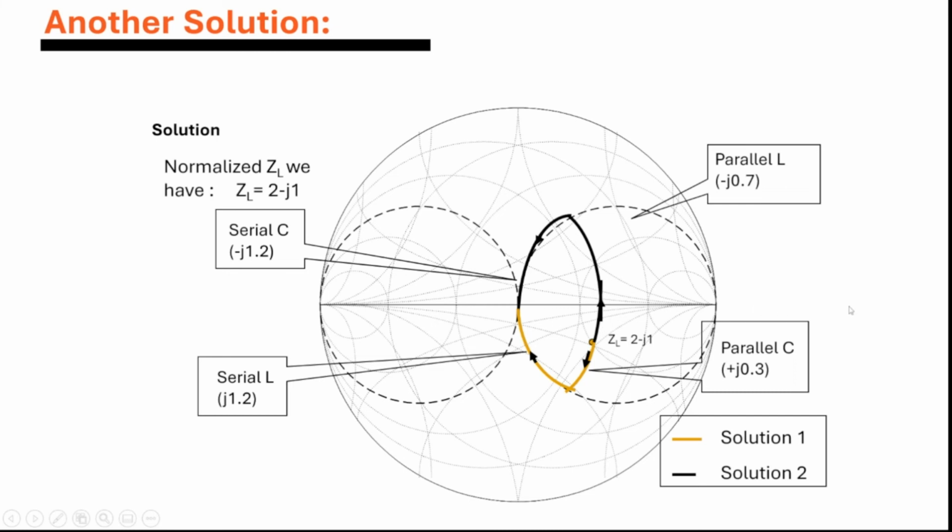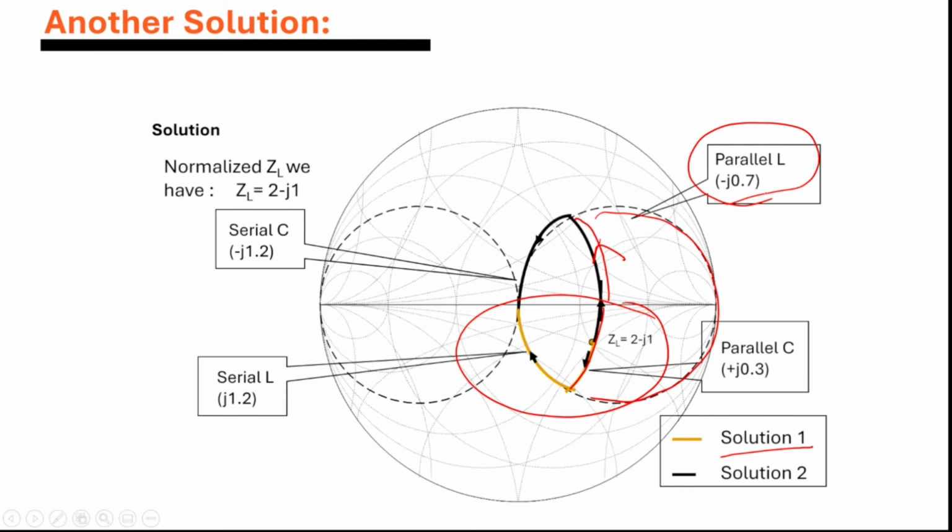As I mentioned earlier, this is not the only solution. The one we did in this example is solution 1. There is another way of solving this problem, which is, instead of moving down to find the unity circle, we can also move upwards. If we do that, we are adding a parallel or shunt L to our circuit.